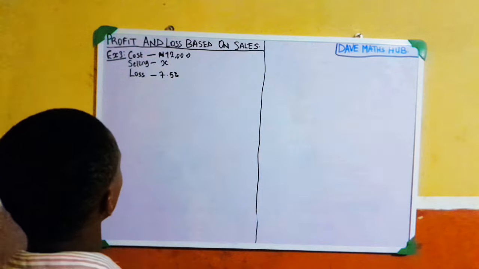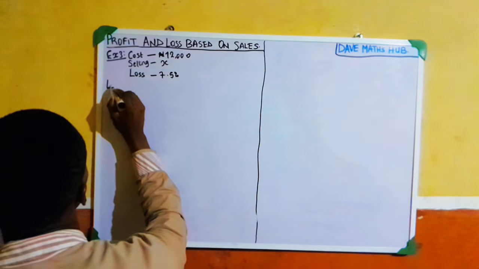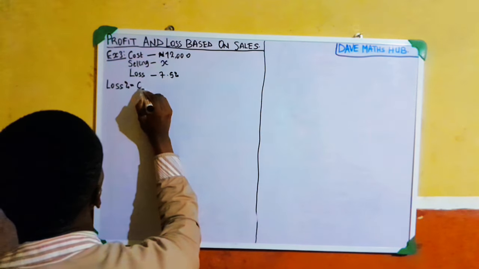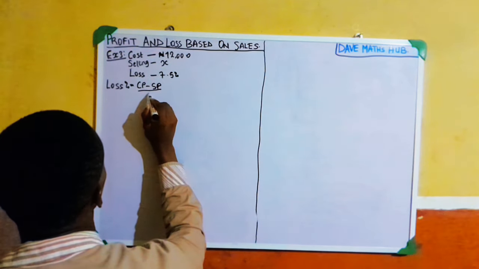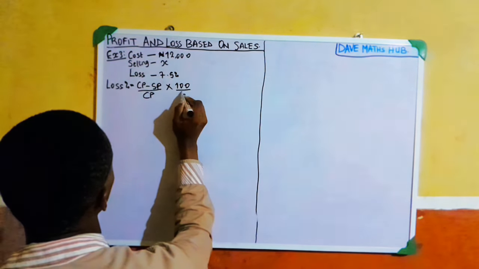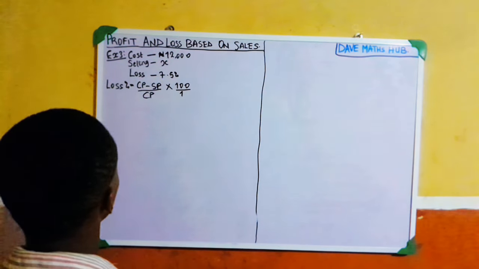So since we are given a loss of 7.5%, automatically our formula will be loss percentage equals cost price minus selling price over cost price times 100 over 1, which we know of this and this, and we have to find this.